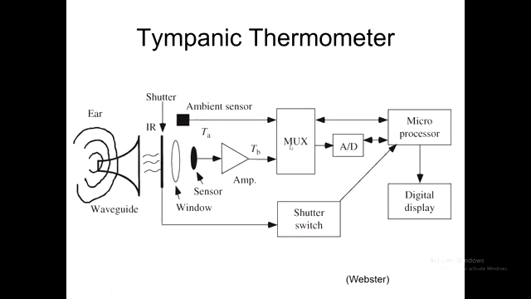The MUX here stands for multiplexor, and what that does is, under control of the reading device, it's like a switch that directs the input of choice to be the one from our sensor here, to be put through the analog to digital converter and compared via an algorithm with the ambient sensor to provide the digital display.